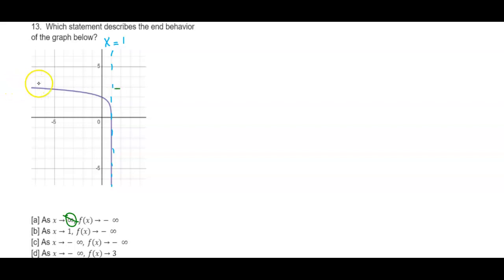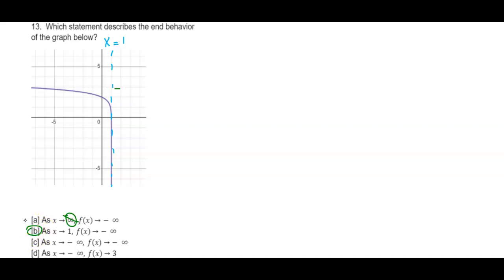But I can approach the asymptote as I go to the right. So instead of saying as x approaches infinity, I'm going to say as x approaches 1, then my y, my function, goes down to negative infinity, which would give you choice B.